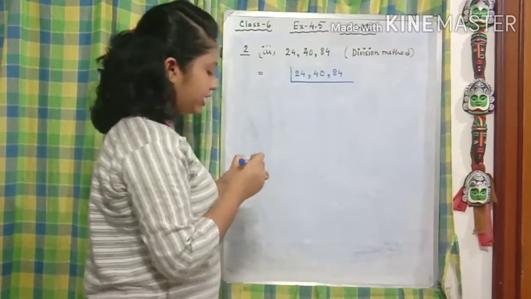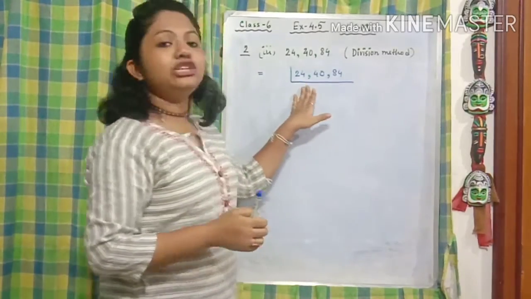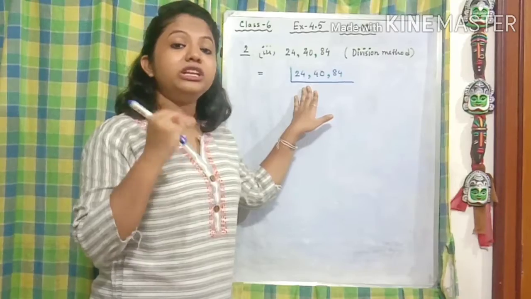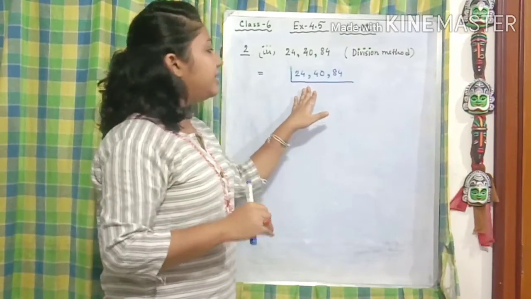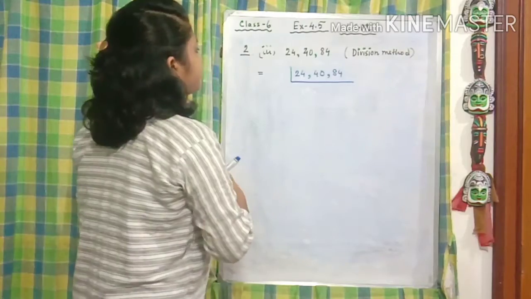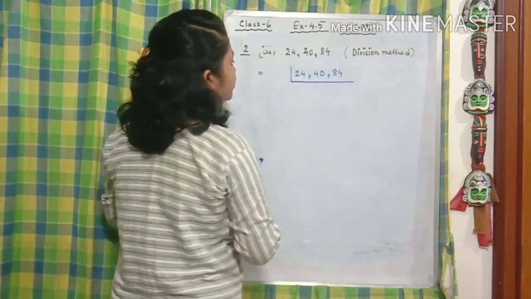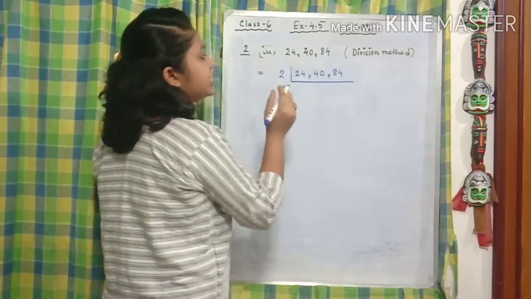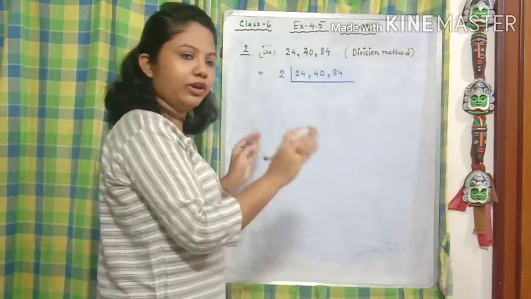The first rule is that any two numbers at least should be divisible by a number, or its multiple or factors. Here we are going to do it by 2, that is the least one which is going to divide all three of them.